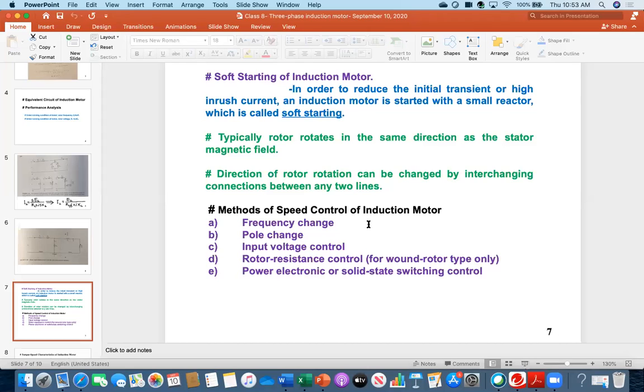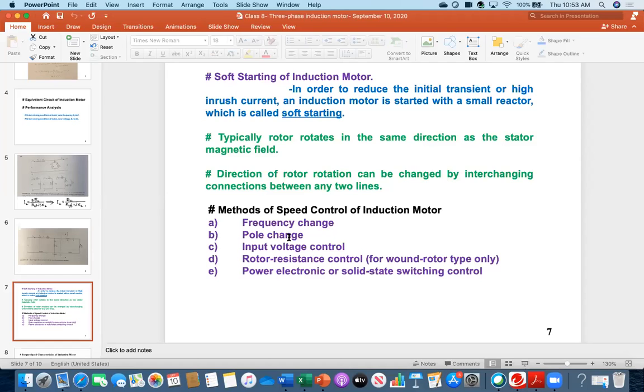Then, pole change. If you can change the pole number, then the speed will change. Why are frequency and pole coming up? Remember the synchronous speed equation, ns = 120f/P.